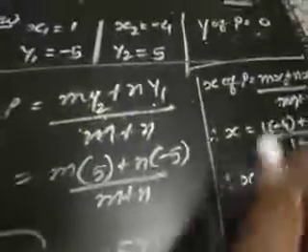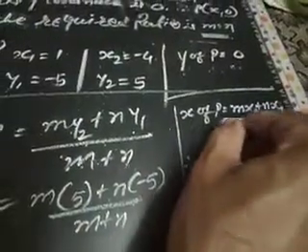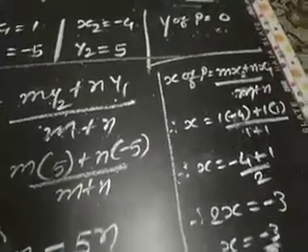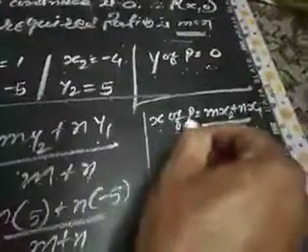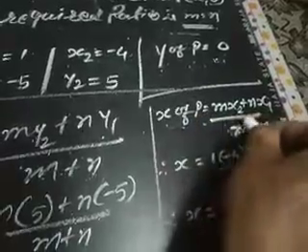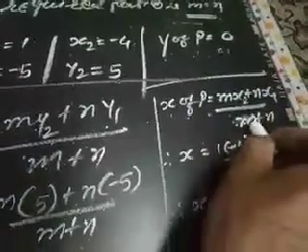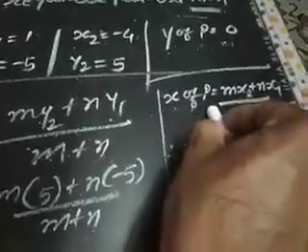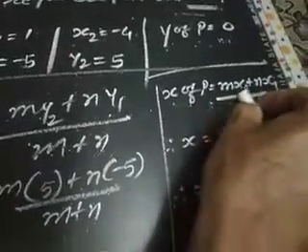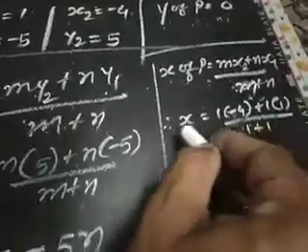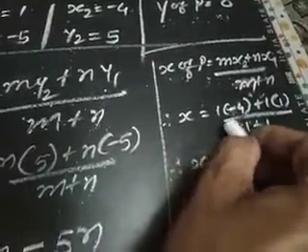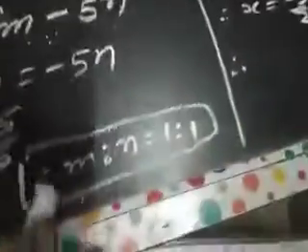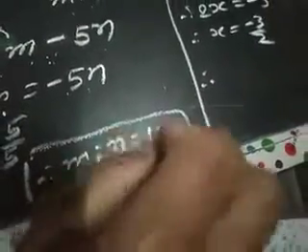Now we find the coordinates of the point of division, so we find x of P. Using m x2 plus n x1 upon m plus n, with the ratio 1:1, m and n both are 1.